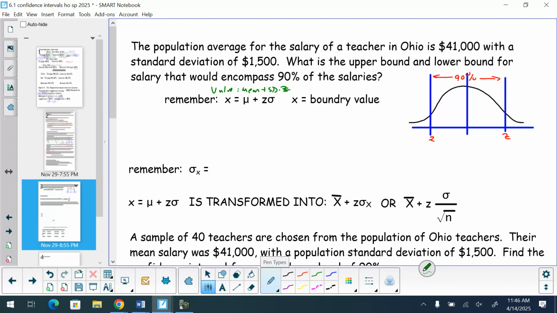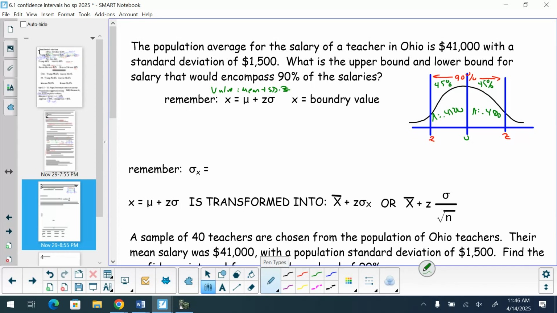So if we look at the middle 90%, we have 45% on each side of our zero here, which means our area here will be 0.4500. Our area here will be 0.4500. So we divide our areas into two different regions.